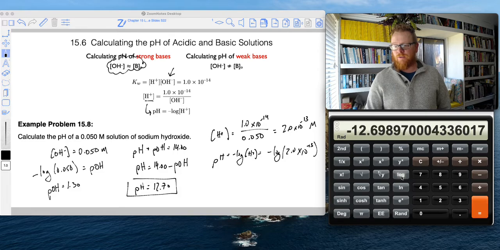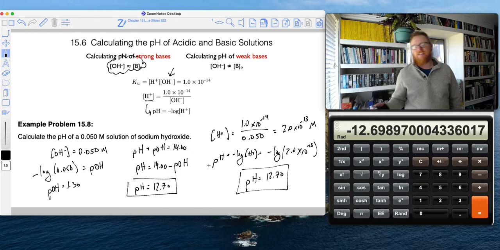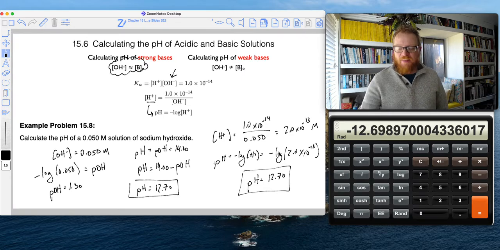Okay, good. And log. Okay, beautiful. And so we remember the negative sign and the negative sign cancel. And you can see that worked out to be 12.70 with 2 decimals as significant digits. So both worked out the same way. You can do the calculation either way as long as you do it correctly. Okay, the next example, we'll do a weak base calculation.